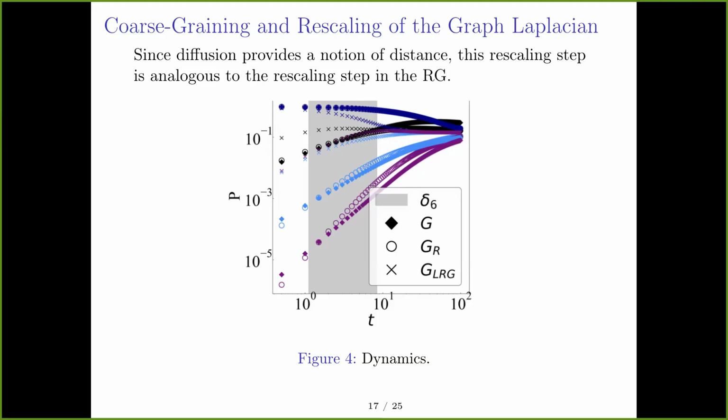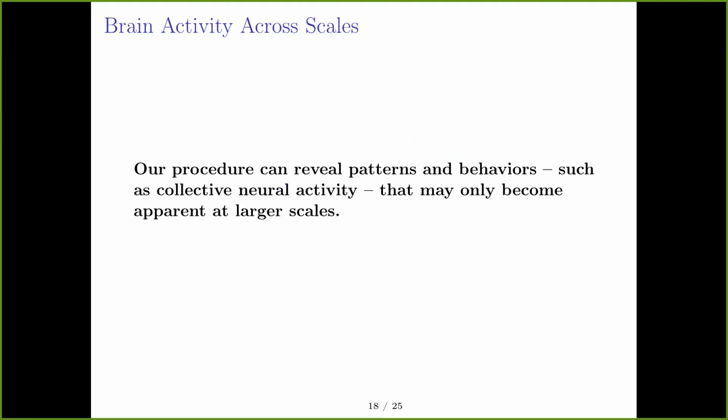Our results are the circles, and the original dynamics are the diamonds. And you see a very good match. So this is basically the procedure, and now some more examples.